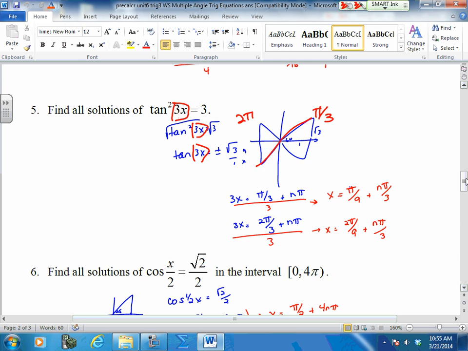This guy's 2 pi over 3, and it'll shoot across to that one. So start like that, and then resolve your 3x. And again, n is any integer. We have to qualify n, because we could put 2.1 in there, but that wouldn't work. So you need to qualify it for n is any integer.